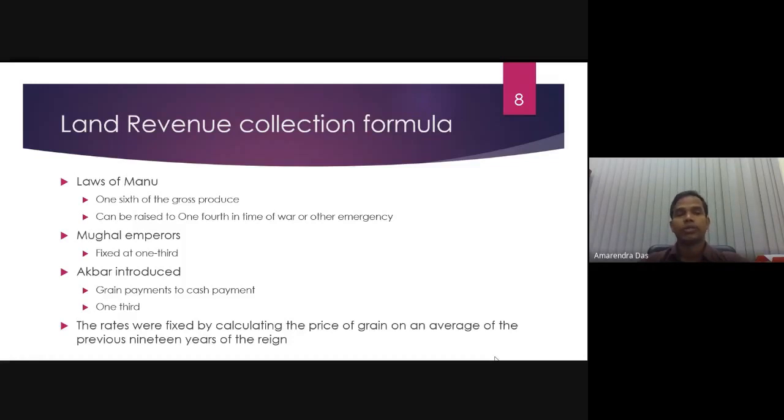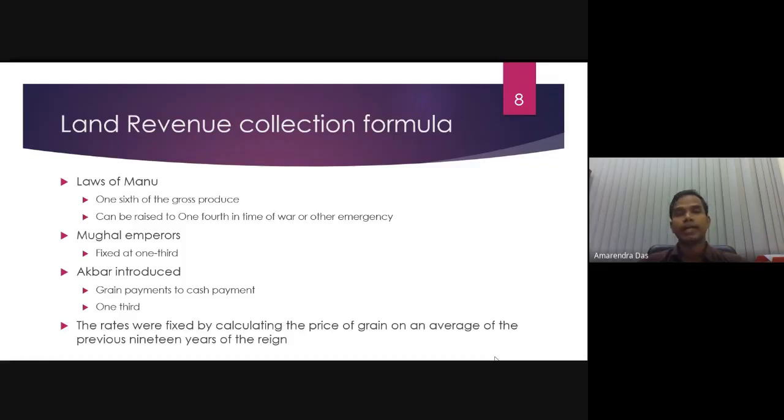In the past, somebody would come to the harvesting place and see the total produce, and then 1/6 of the total produce would be taken away as the revenue. Later on, it increased to 1/3. However, Akbar introduced cash payment.